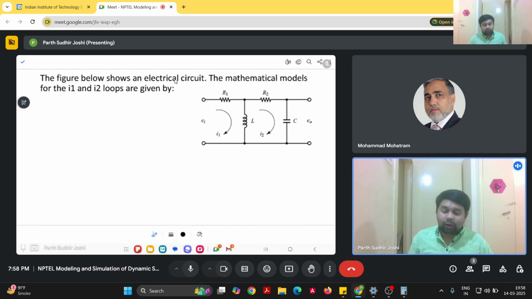So let's consider Kirchhoff's voltage law for these two loops here.